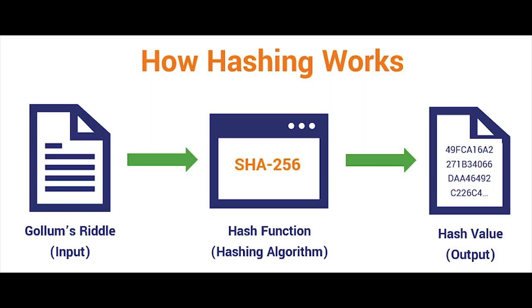In this video, we will discuss hashing and the details of a specific hash function, SHA-256. A hash is a digital fingerprint for information. It's a unique string of letters and numbers that represents a set of data. To get a hash value, you start with a bit of data and pass it through a hashing function.